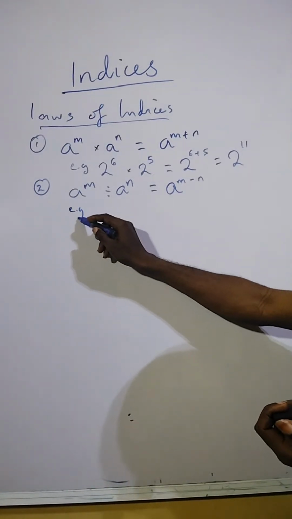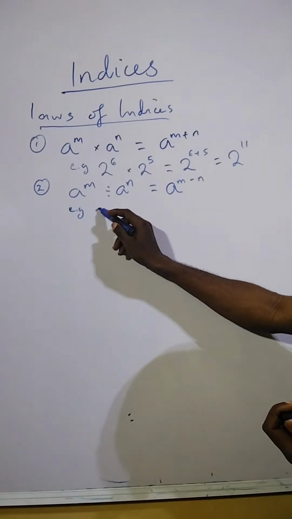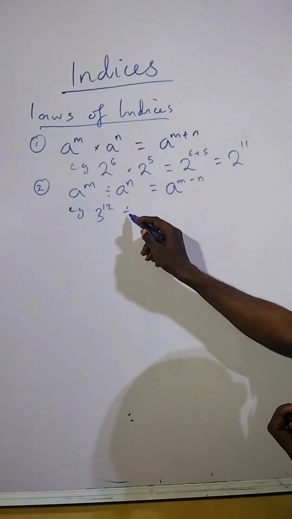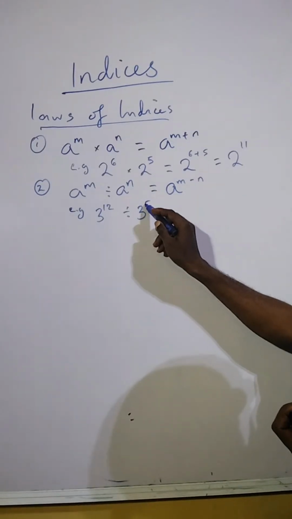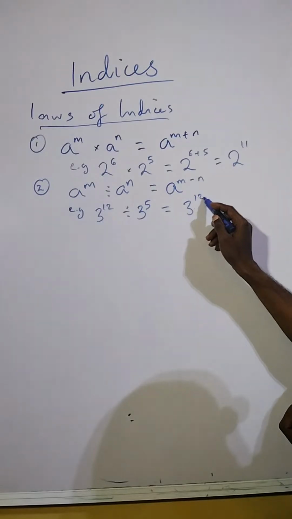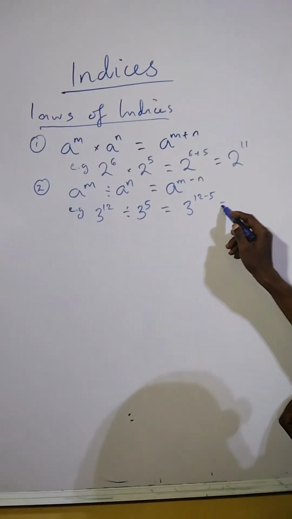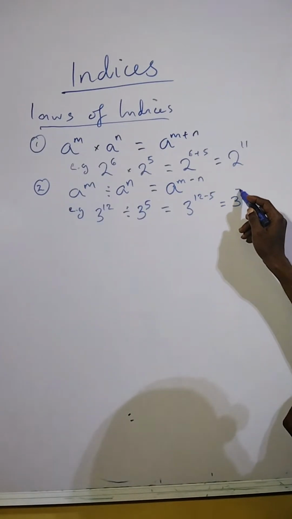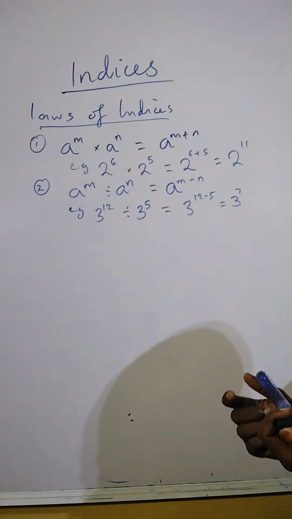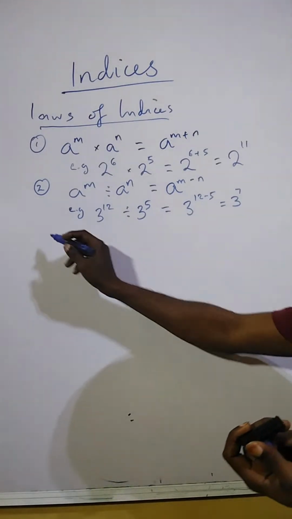E.g., a raised to power 12 divided by a raised to power 5 is going to be a raised to power 12 minus 5, which is a raised to power 7. So for division, we subtract.